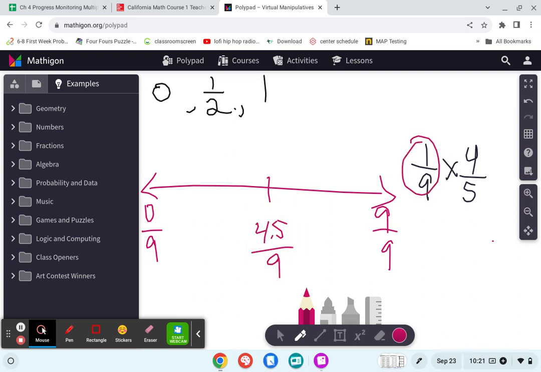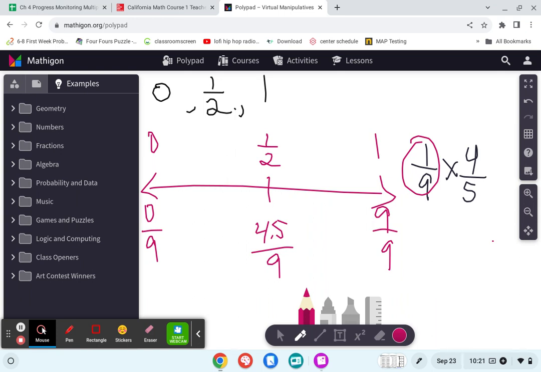Where does 1/9 fit on this number line? Is it closer to 0/9, the halfway point, or 1 whole, which is 9 over 9? If you said 0/9, you are correct. So what about 4/5?